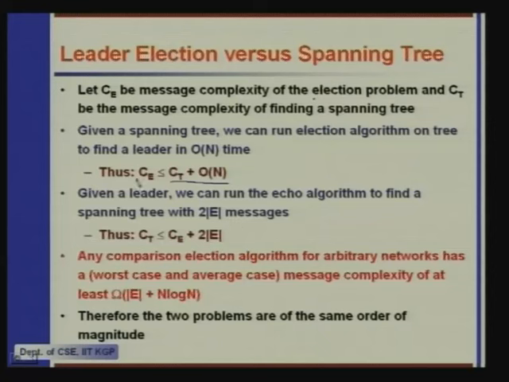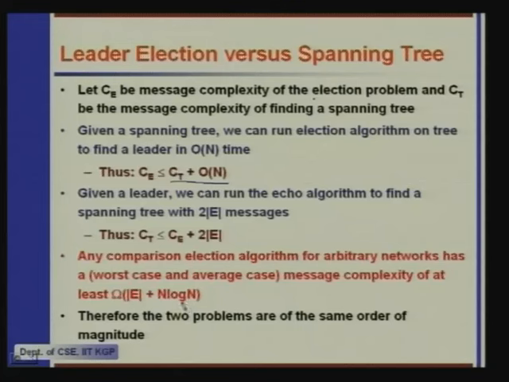Now, if you look at these two inequalities, and compound that with this result, which I did not prove earlier, that any comparison based election algorithm for arbitrary networks has a worst case and average case message complexity of at least E plus n log n.